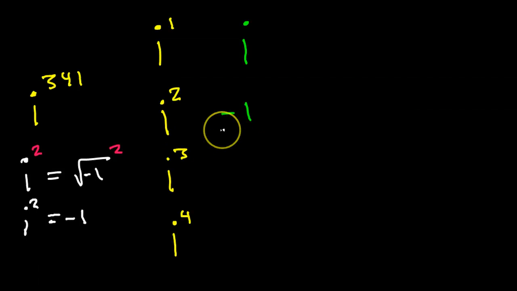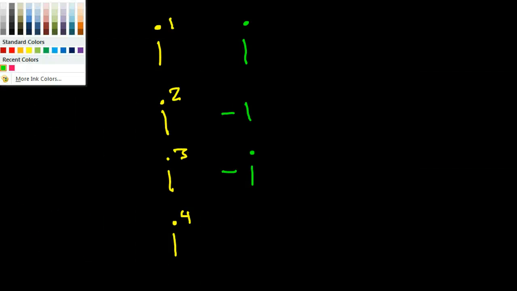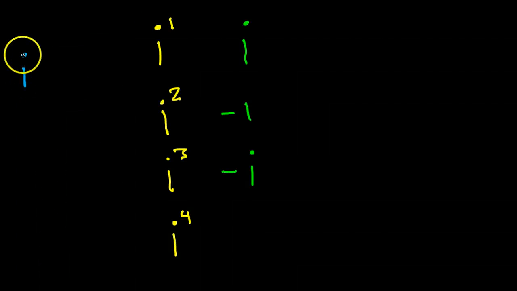That's important. Now, if you look at i to the third power, i to the third power turns out to be -i. Now, the reason why that is, if you want to look at i to the third power, here's a way you can think about it. It may help you remember. I to the third power, you could split that up and think of it as i squared times i.